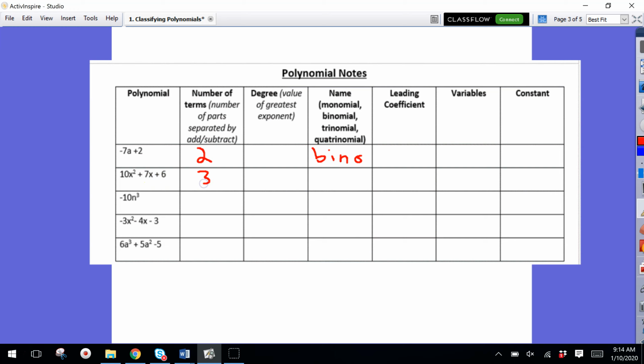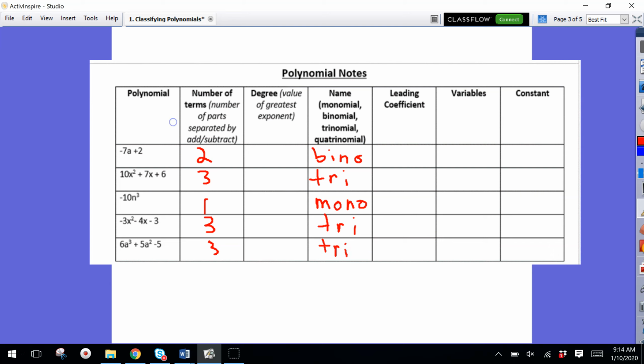So we would call this a trinomial. Negative 10n cubed, there's only one term here, so nothing else is being added or subtracted. So this is a classic monomial. And then here we have 1, 2, 3. So we have 3 terms. So we'll call this a trinomial. And this also has 3 terms, so this would also be a trinomial.